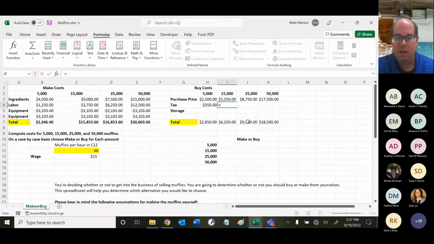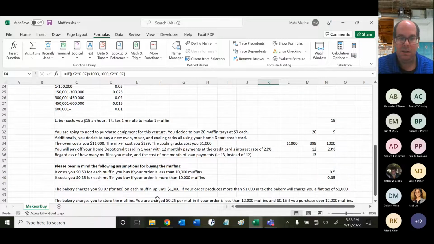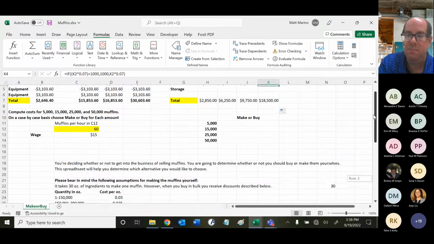So if we did it the other way of just multiplying by 7 cents, all 3 of these go over 1,000, as you see there. So we can do the if function to make it so that if they're over 1,000, they're just 1,000, because that's what our tax said here. If your order produces more than 1,000 in tax, the bakery will charge you a flat tax of 1,000.